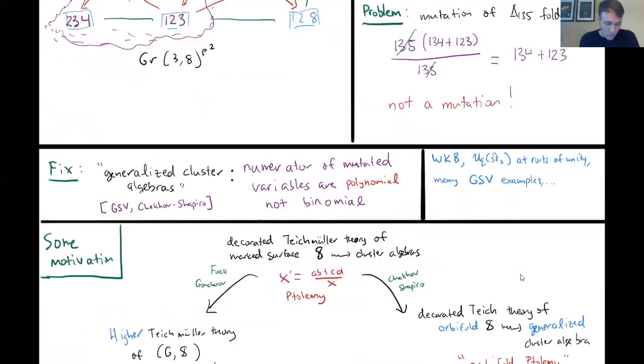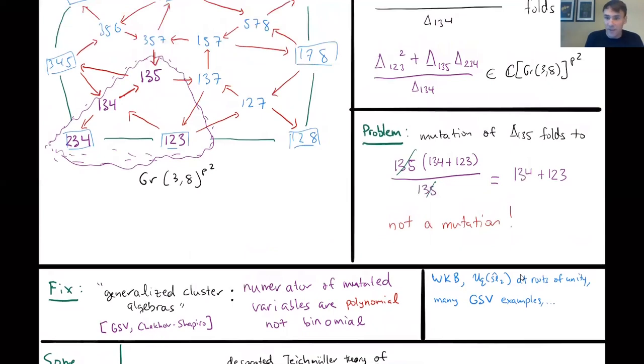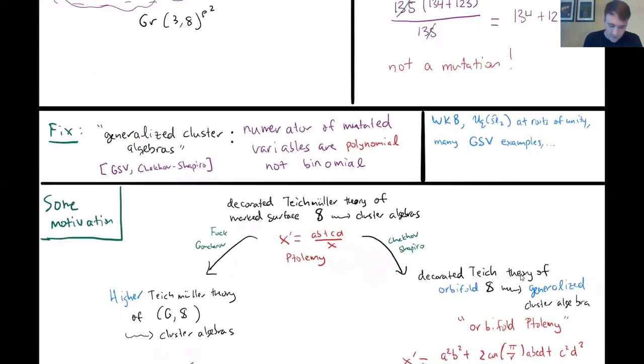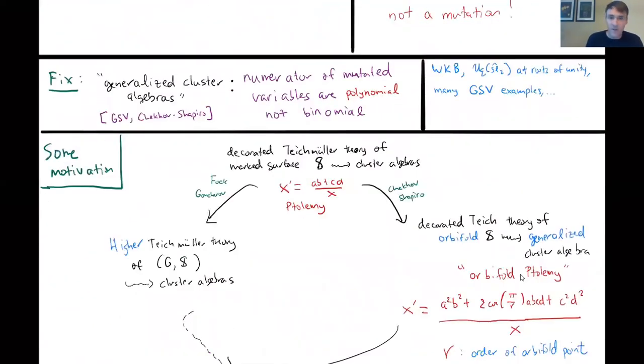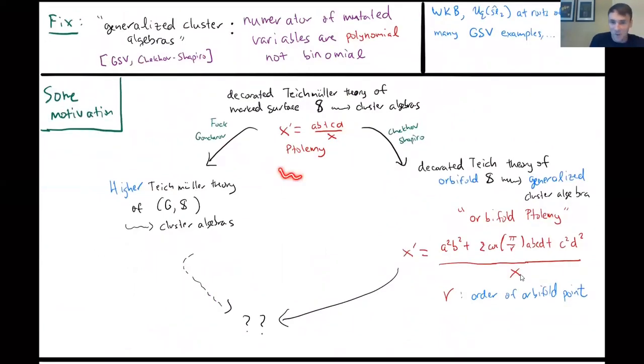And so my theorem in a second is going to be that you can find such a structure when you work cyclically symmetrically. And some motivation for this comes from Teichmuller theory. A really well-known story in cluster algebras is the story of cluster algebras from surfaces, Fomin, Shapiro, Thurston.